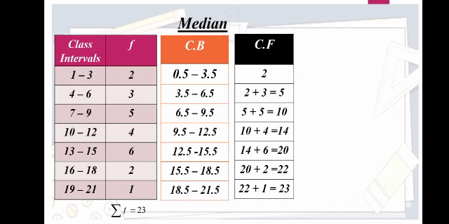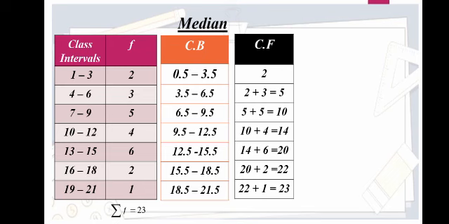Now what you have to do is see that n by 2 equals 11.5. You have to check in the cumulative frequency which row 11.5 is lying in. If we see the first row, that is 2, 11.5 is not lying in this row. The second row is 5, 11.5 is greater, so it is not lying in this row.